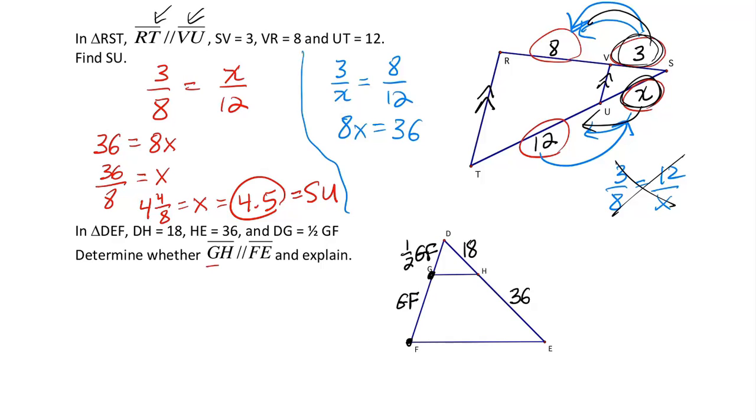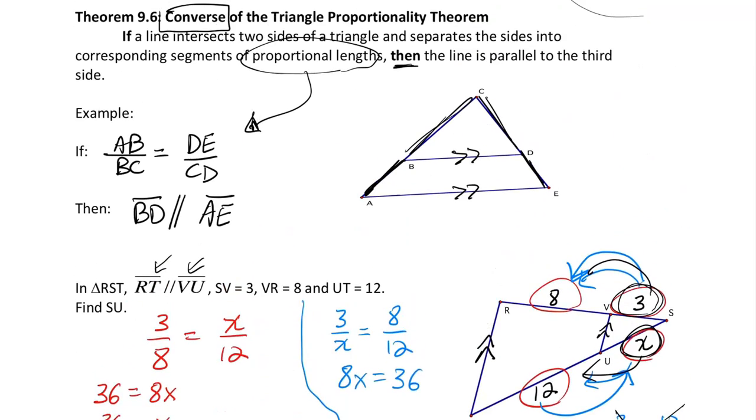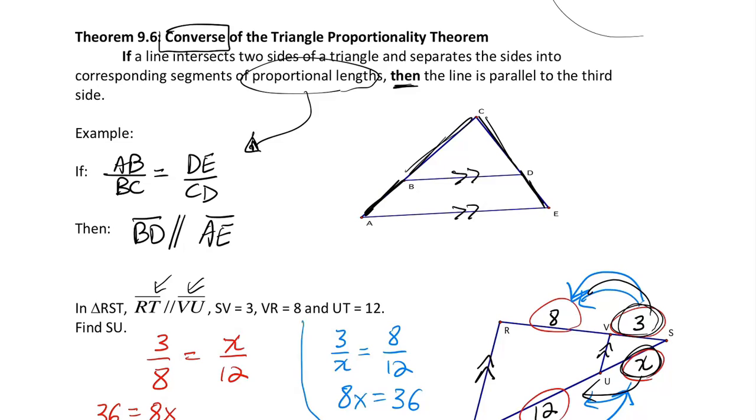And the question is, determine that these two segments are parallel. When you're determining the segments are parallel, then we're going to be using the idea of the converse of the triangle proportionality theorem. So we need to show that the segments that are formed are proportional to be able to prove that the lines are parallel.